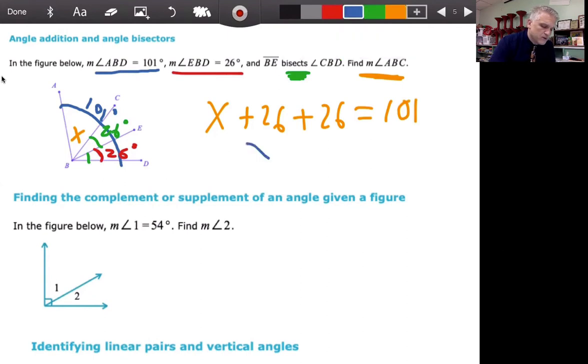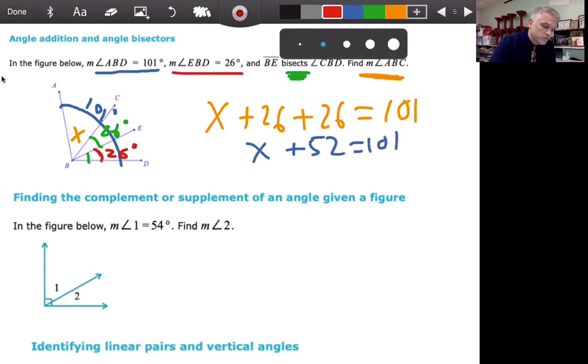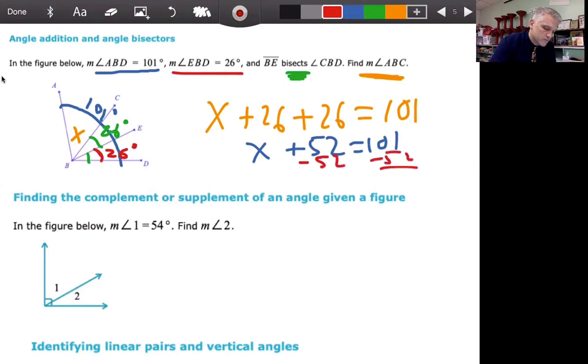Combine like terms, 26 plus 26 is 52. Subtract your 52 from both sides. So X is 49. And the measure of angle ABC is 49 degrees. Cool.